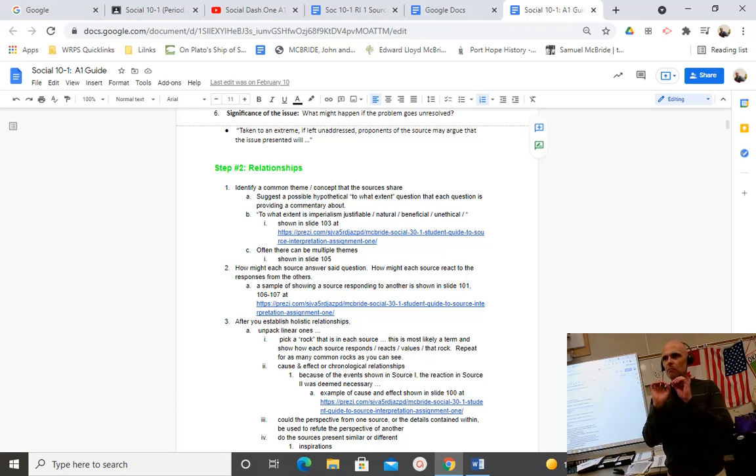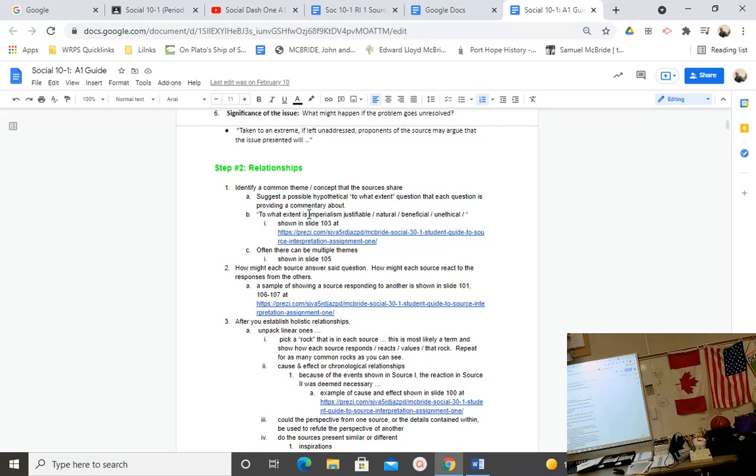But it is better for you to look at the specific details within the sources and try to pull out some kind of common detail or common language that they're all struggling with. So that's where in my notes that are up here in the relationship part, we're doing step one, identify a common theme, a concept that the sources share.